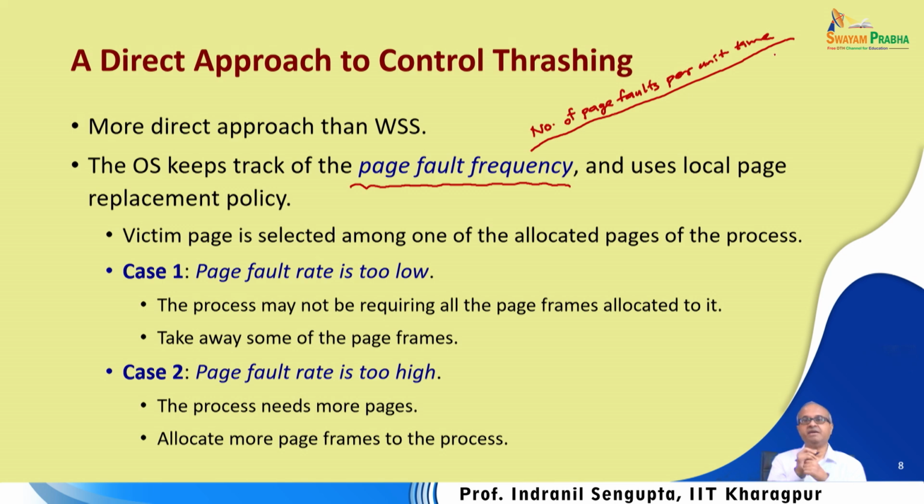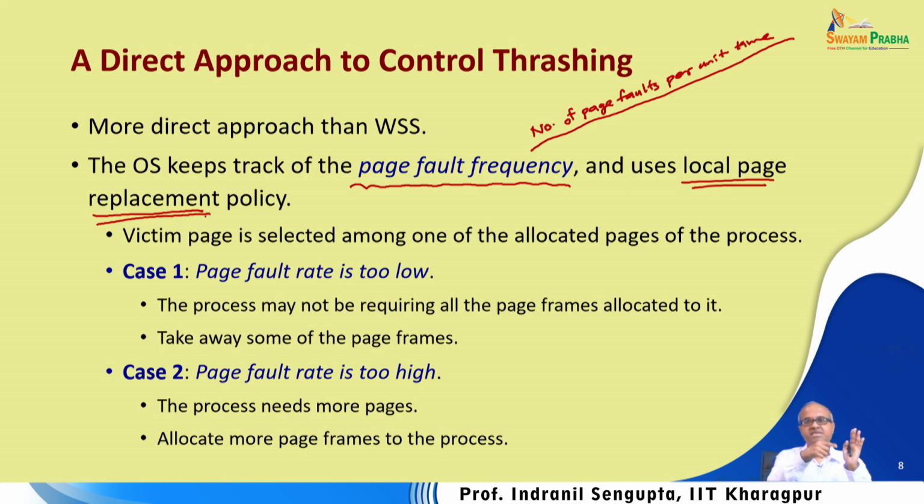And another thing assumed in this method is that every process uses local page replacement policy. You recall we discussed this earlier. Local page replacement means for a process, let us say PI, certain number of pages are allocated.